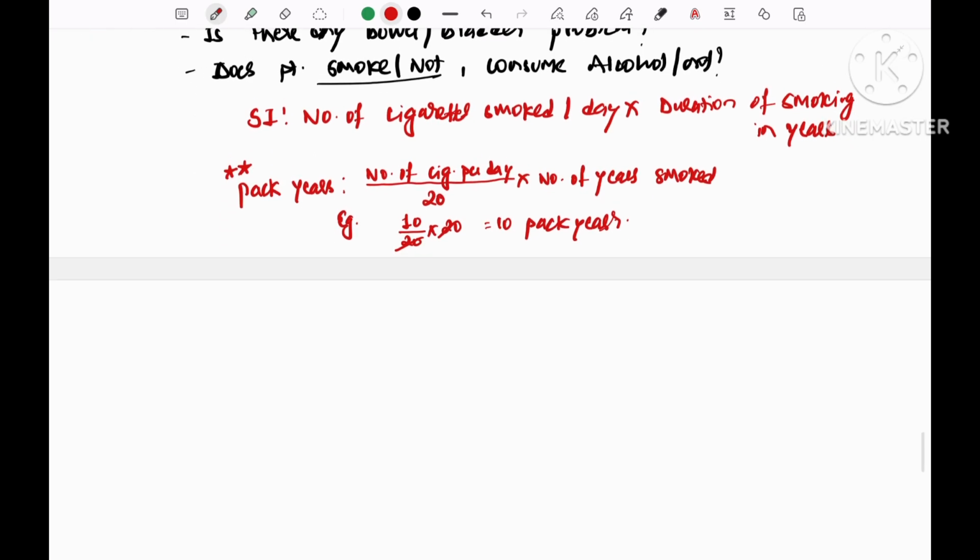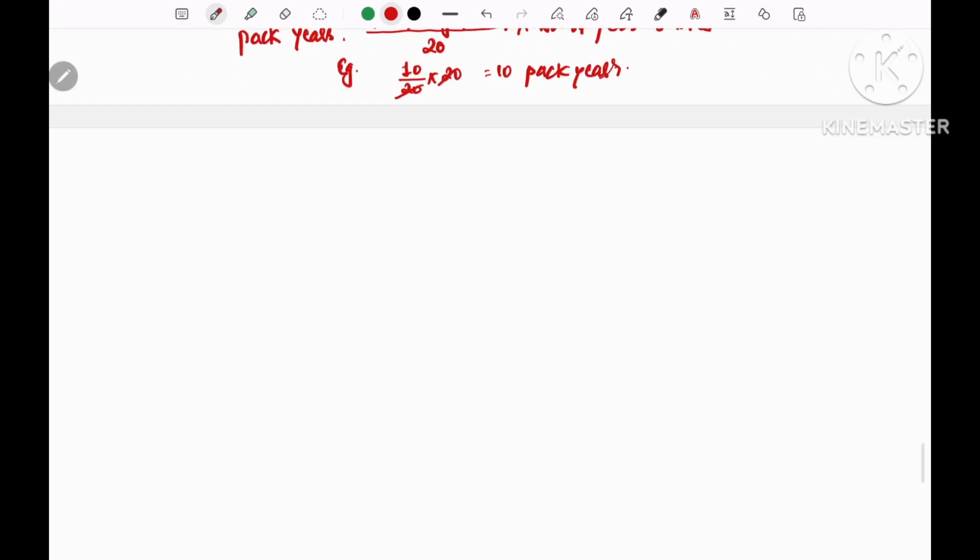Now, talking about alcohol. For alcohol, we have to know how many units of alcohol the patient is drinking. Let's simplify. One unit of alcohol means 10 grams.